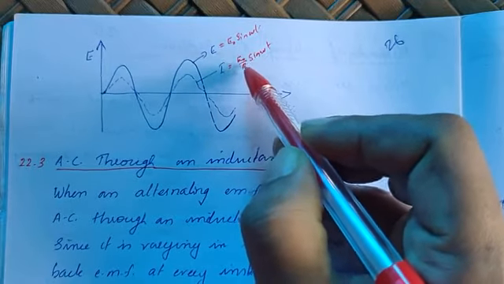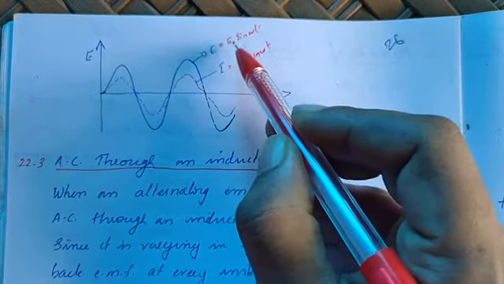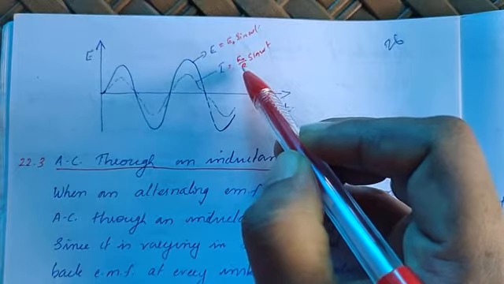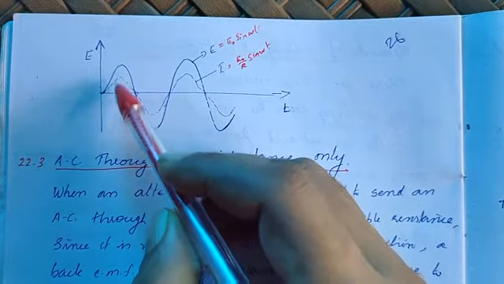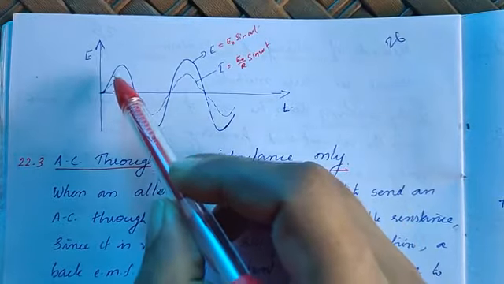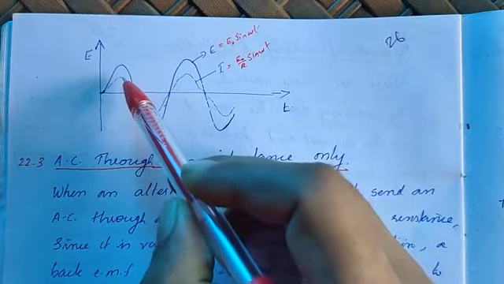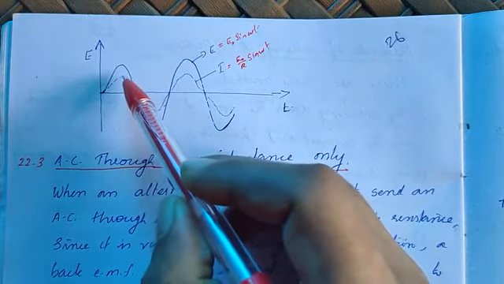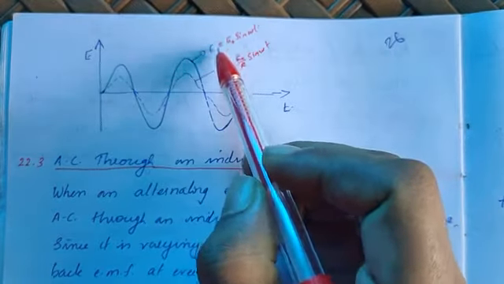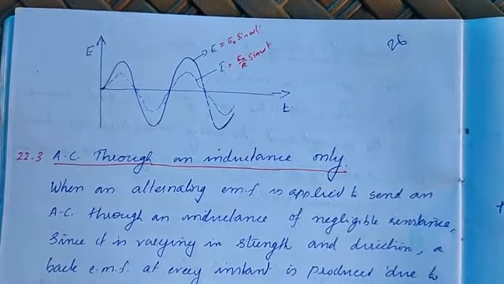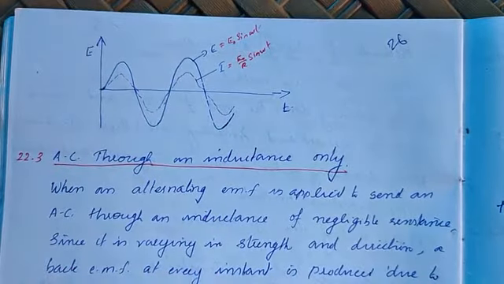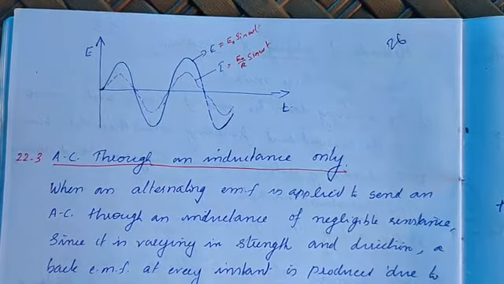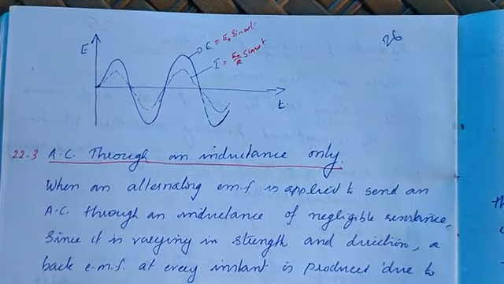So this amplitude is less than this E0, since here it is E0 by R. The peak will not reach up to this, but they are in phase. That's why this graph appears like this. So the amplitude of this I will be less than the amplitude of this potential. So this is about AC through pure ohmic resistance.